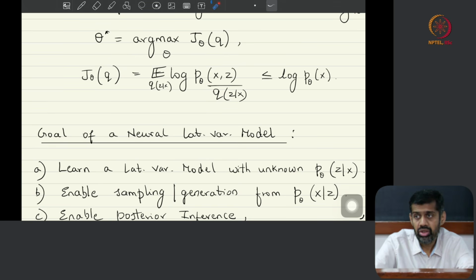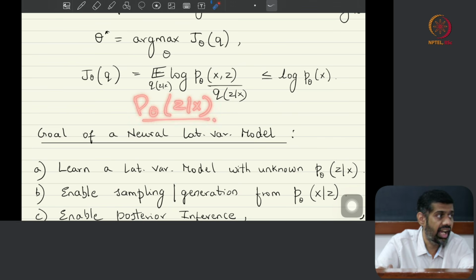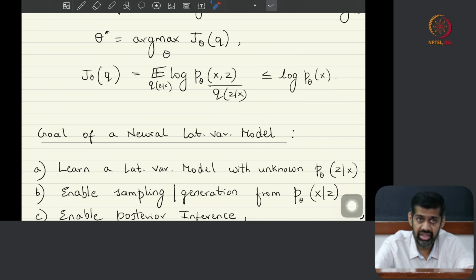Now, we saw that in the cases where the posterior of the latent variable given data with respect to the model is tractable, then the optimal latent posterior would be that particular distribution p theta of z given x, as in the case of a mixture density.